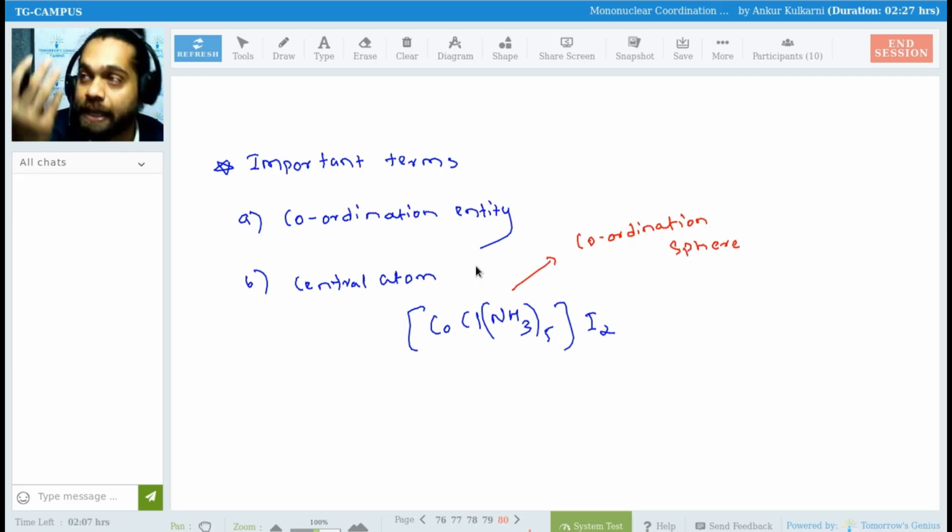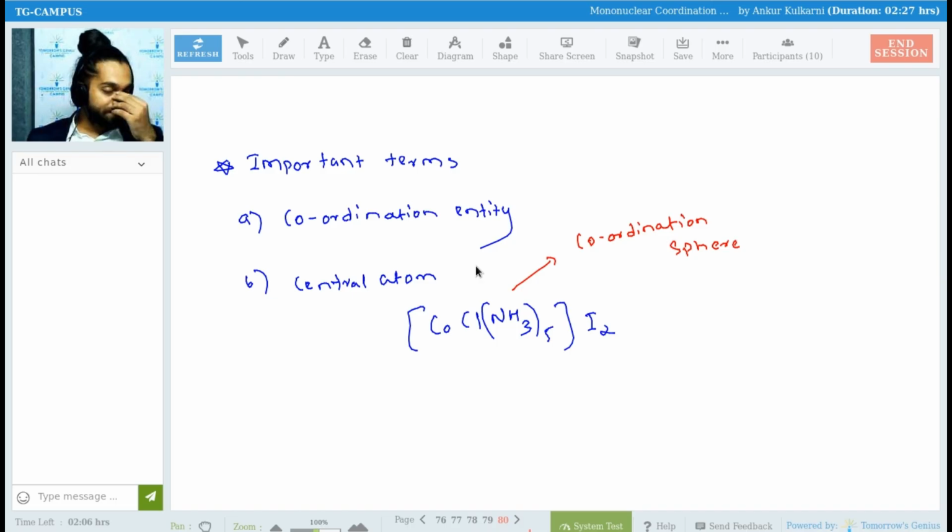Now when I say central atom, what does central atom mean? Central atom means the main atom to which everything is attached. Can you identify from this? It is fine even if you are wrong, because I have not yet taught you. Can you identify the central atom over here? Just look at it. It is completely fine if you go wrong. But try. Come on, can you identify?